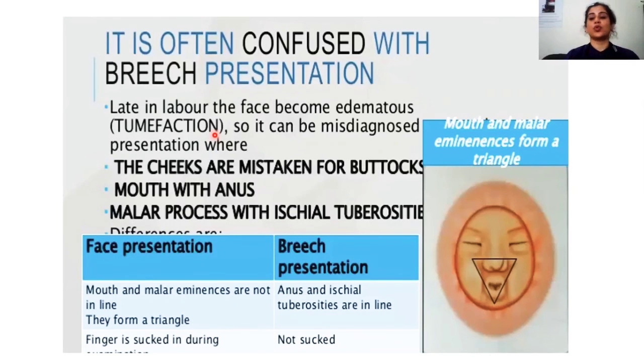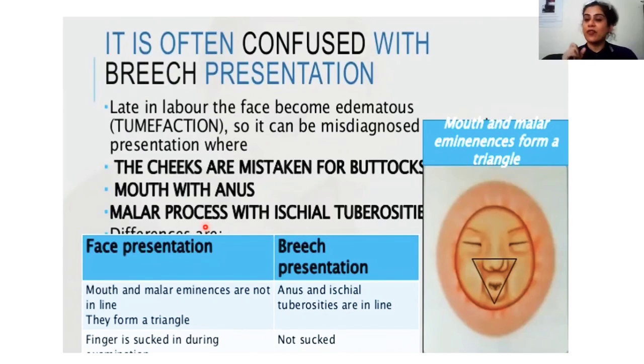As I have told you earlier, this condition is often confused with breech presentation. Late in labor, the face becomes edematous, just like caput formation in vertex presentation. There is edema of the face, and this is known as tumefaction. So it can be misdiagnosed as breech presentation. The cheeks are mistaken for the buttocks, the mouth is mistaken for the anus, and the malar processes are mistaken for the ischial tuberosities.